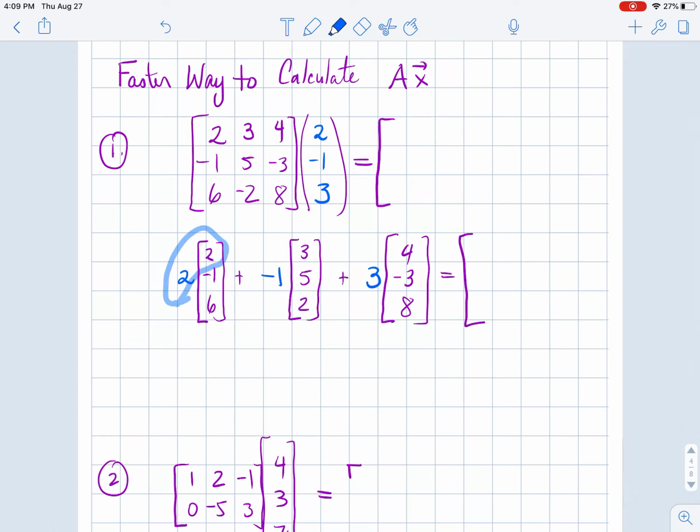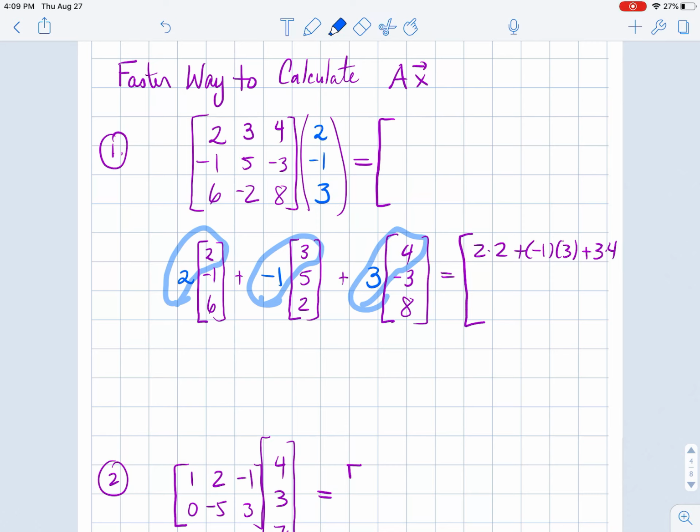The top row is going to be 2 times 2, -1 times 3, 3 times 4. We do those products, and then we add them. So it's going to be 2 times 2 plus -1 times 3 plus 3 times 4. That's what our top row is going to be.